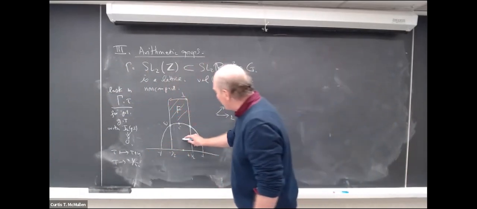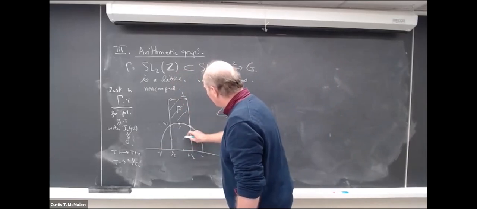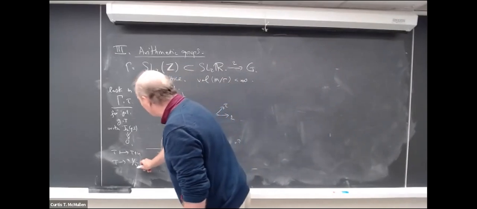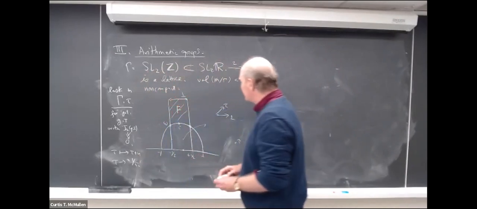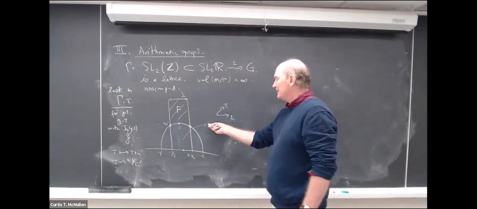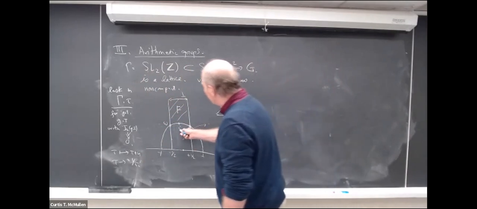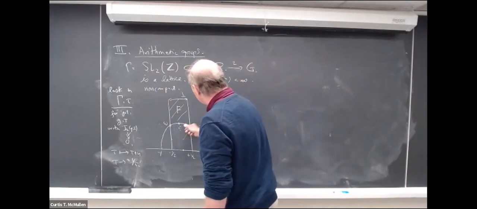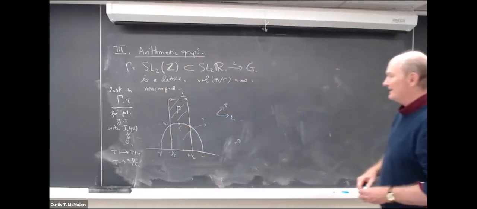And now if tau happens to end up down here, inside of the circle, we apply this transformation, which is almost the same as reflection through the circle, to get a point outside the circle. And what happens is that the imaginary part goes up. But now you might be way outside of this strip again. So then you translate back. And if you're inside the circle, you reflect again. And eventually you land in this fundamental domain.